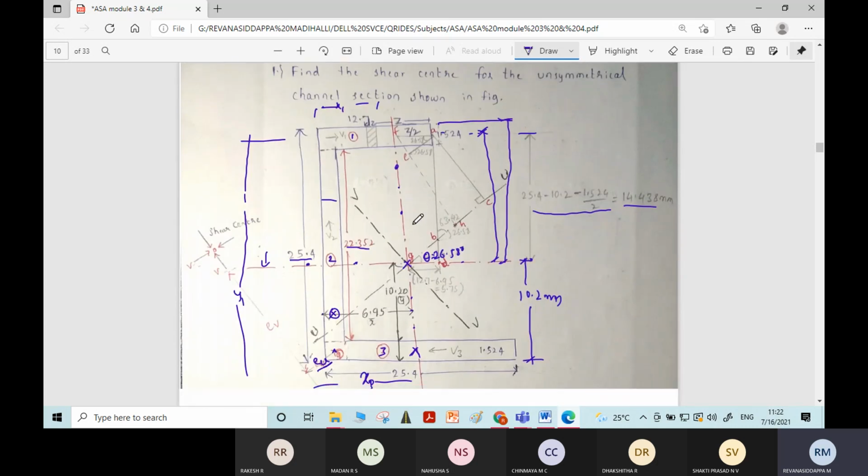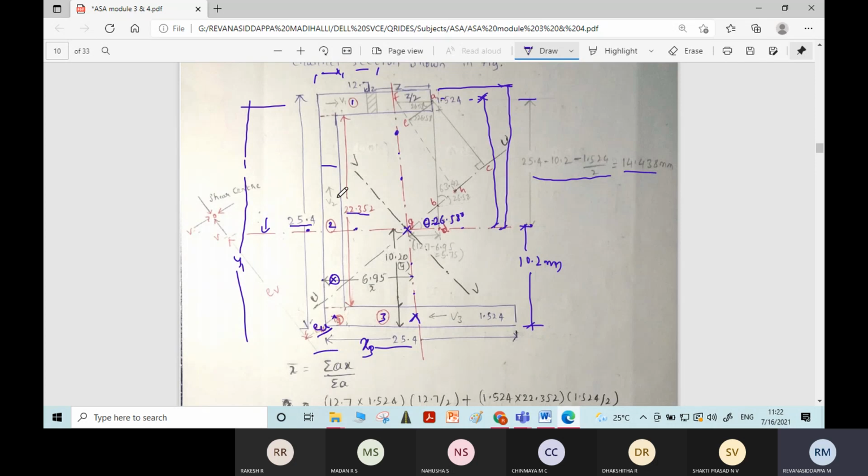Consider, assume that V1, V2 and V3 are the shear forces acting on each flange. To locate the shear center, we will assume V1, V2 and V3 are the shear forces acting on each and every flange.